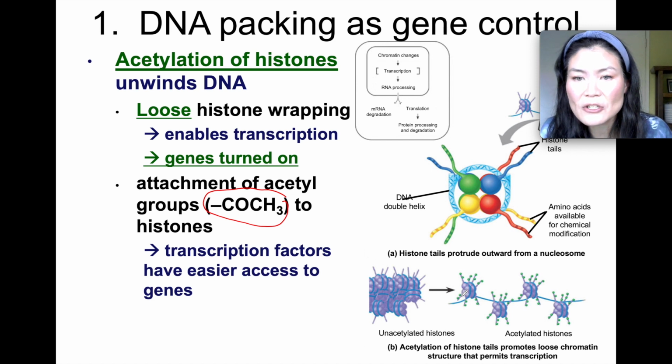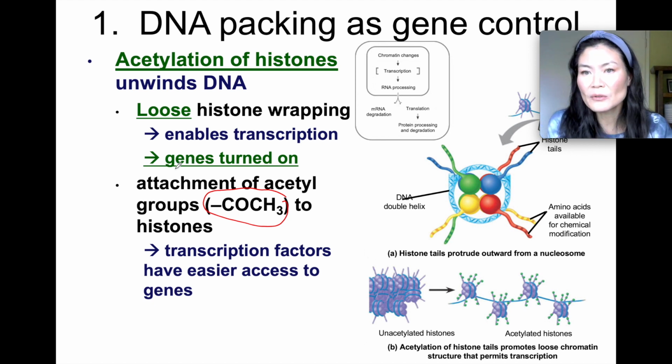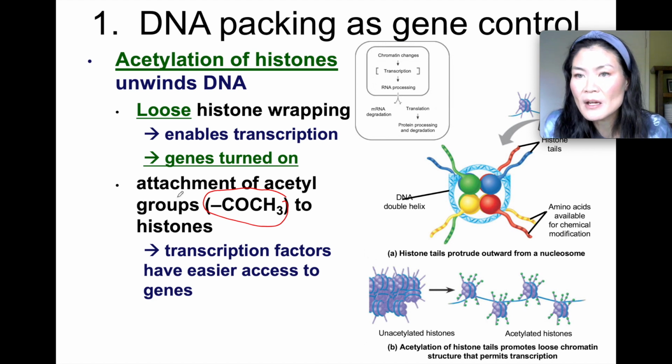So acetylation of histone proteins causes the chromatin to be loosely coiled. And once it's loosely coiled, as we said before, then transcription can occur. The RNA polymerase can access the genes and transcribe the gene, and so gene expression will happen in areas where the histones are acetylated.